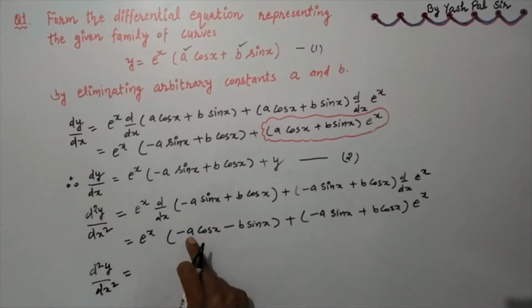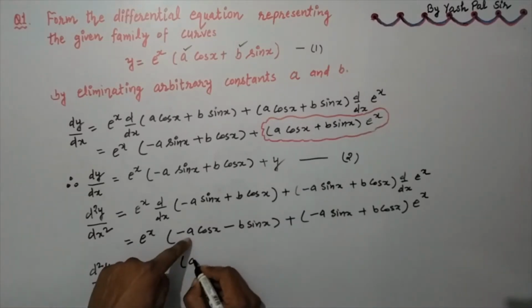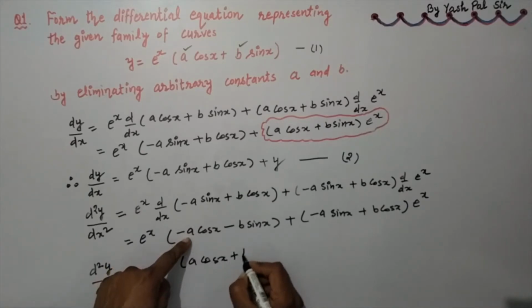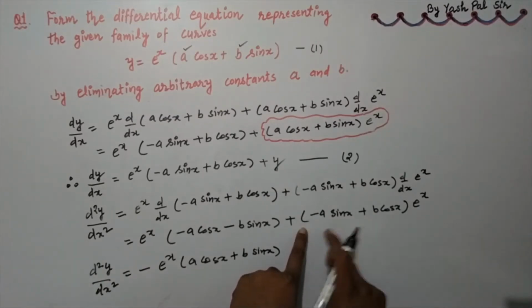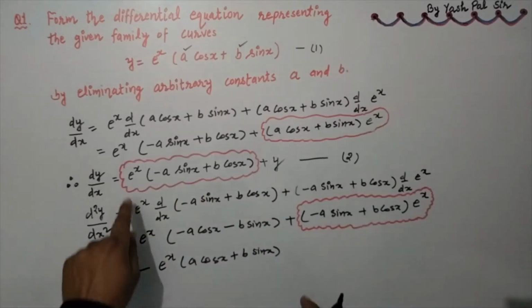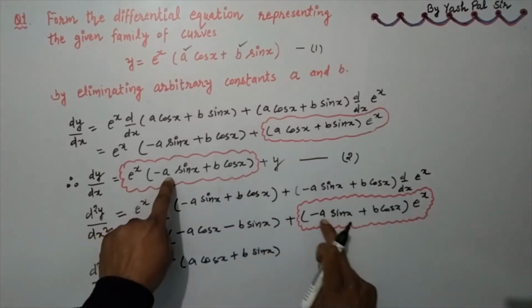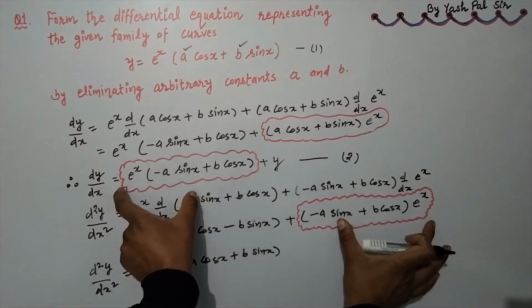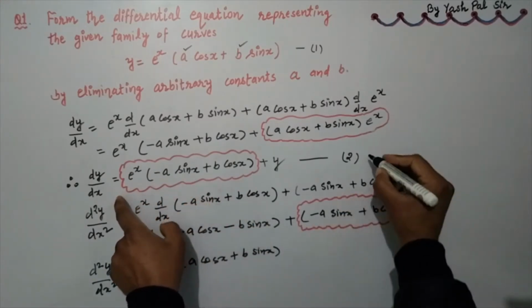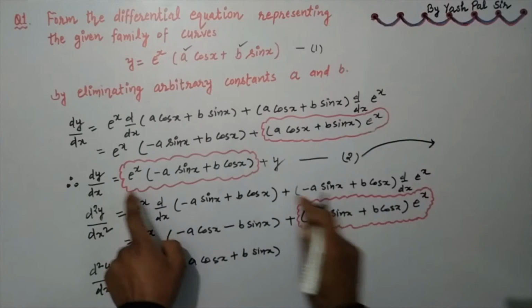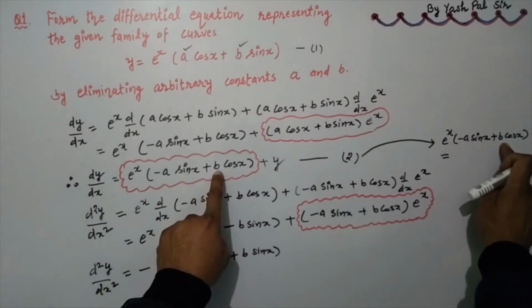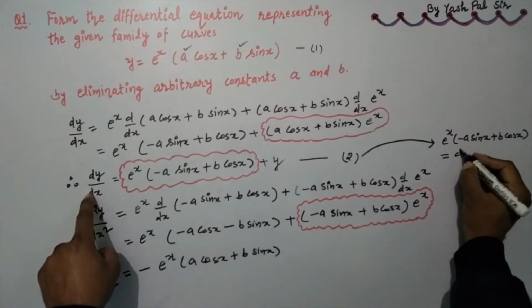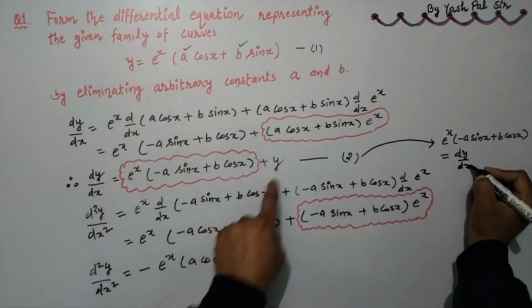Now see what happens, we are writing here d square y divide dx square is equal to, if we take minus sign outside, then this becomes e power x into a cos x plus b sin x. This is the first thing. Now what is this second step? From equation number 2, e raised to power x into minus a sin x plus b cos x, both these are the same. So we can conclude that e raised to power x into minus a sin x plus b cos x will be equal to dy/dx minus y.